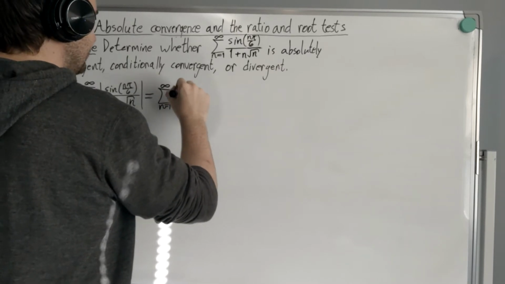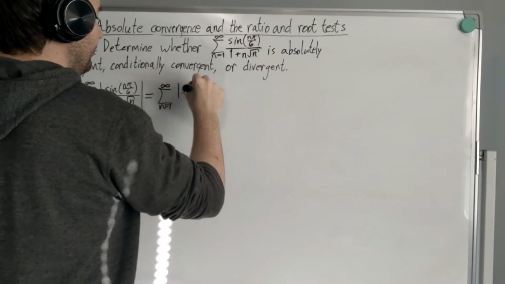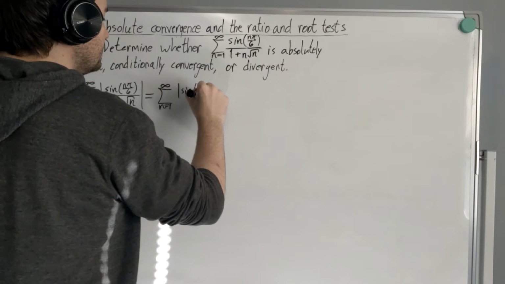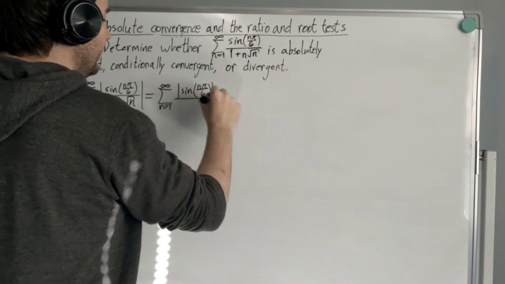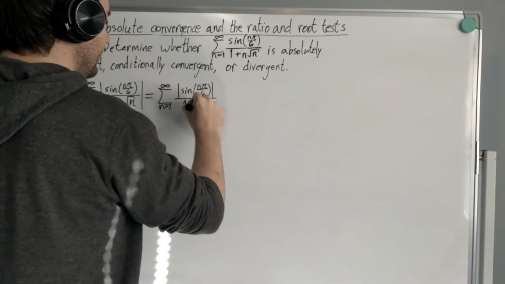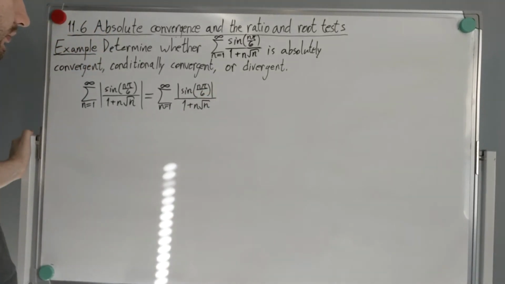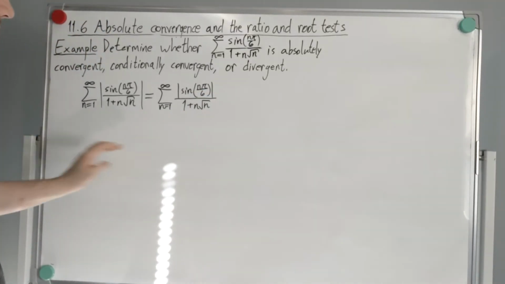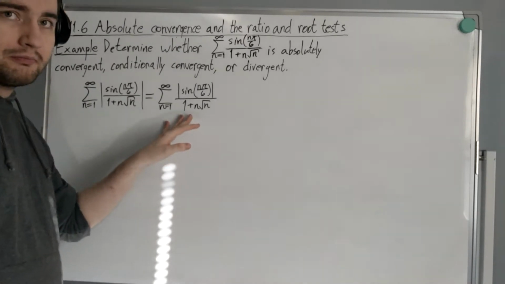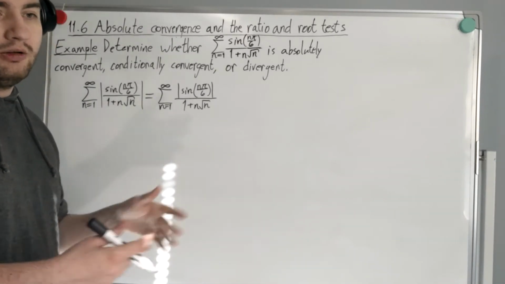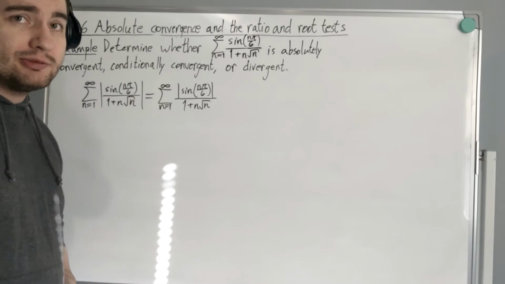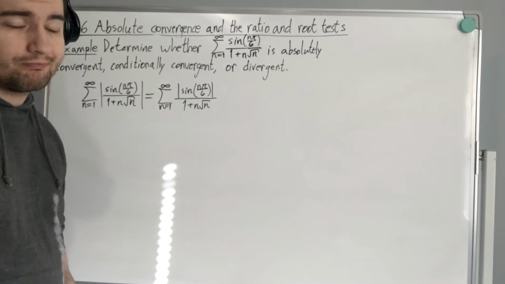So we just have the absolute value of the sine of n pi over 6 divided by 1 plus n root n. And now, if we can determine whether this is convergent or divergent, well, that will determine whether it's absolutely convergent or not.